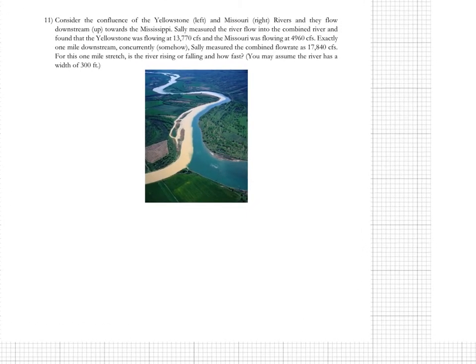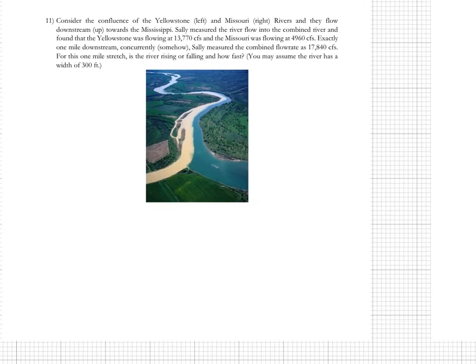So consider the confluence of the Yellowstone River. You can see the Yellowstone's coming in, and sure enough, it's kind of yellowish. This is the Yellowstone, and the Missouri's coming in here.